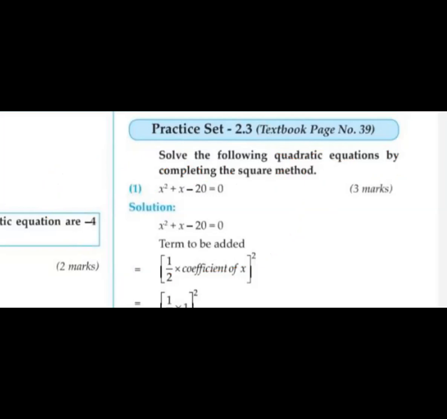So check it. x square plus x minus 20 equals to 0. First, we have to arrange this equation in standard form. If it is in standard form there is no problem, if not, you will put it in standard form. Now here only one thing we have to discuss.